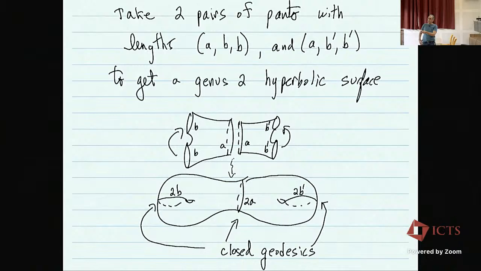If this is A, B, and B, and this is A, B prime, and B prime, then what I get here is a surface of genus 2, with closed geodesics, and I can say exactly what they are in terms of A, B, and B prime. I just constructed for you a hyperbolic surface. So they exist in genus 2. In fact, I constructed a lot of them for you.